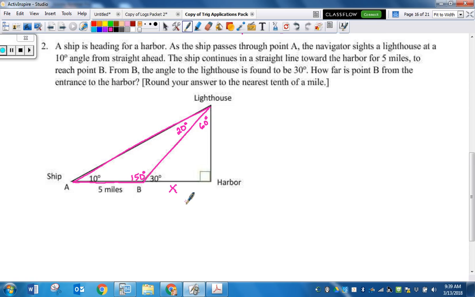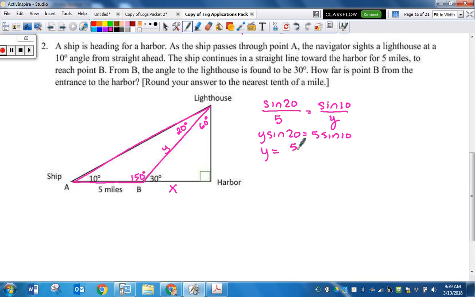All right, so let's figure out a side. Why don't we find this side? We'll call it y, since we're looking for x. And again, I could use law of sines. So I could say, well, I know the sine of 20 over 5 has to equal the sine of 10 over y. Then cross multiply and solve for y. So y sine 20 equals 5 sine 10.